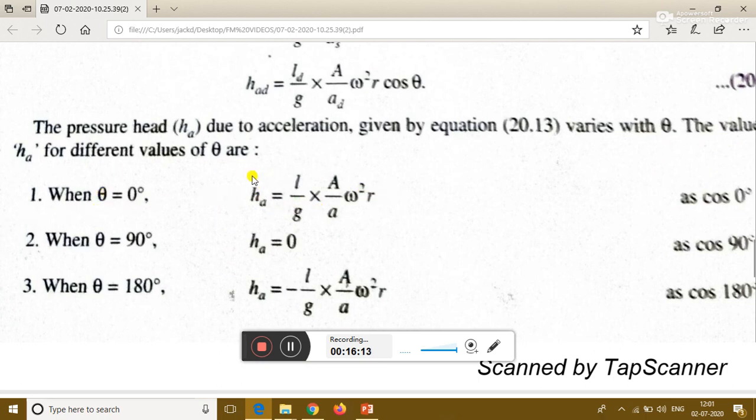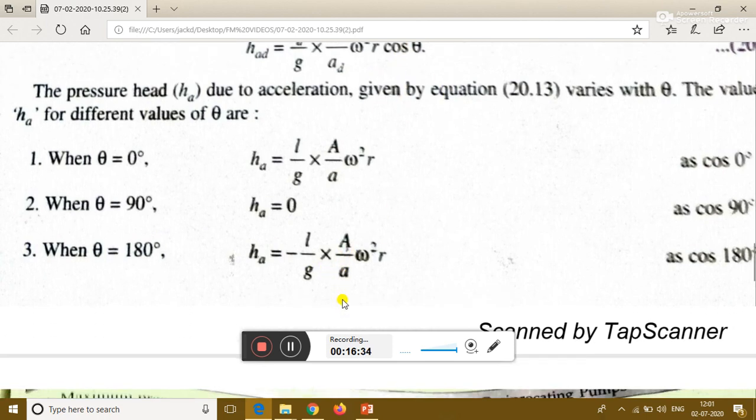Why? Because when theta is 0, cos theta becomes 1, and L by g into A by a into omega square r is maximum. When theta is 90 degrees, this becomes 0 because cos 90 is 0. And when theta is 180, this becomes a negative value because cos 180 is minus 1. Hence it is minus L by g into A by a into omega square r.